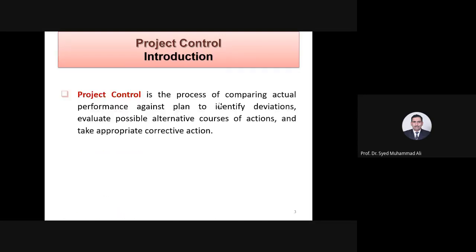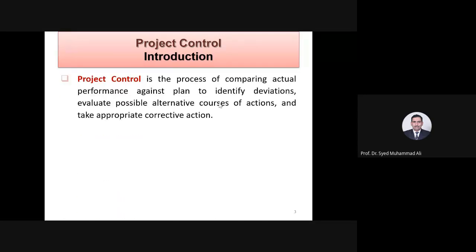Okay. So project control is the process of comparing actual performance against plan to identify deviations, evaluate possible alternative courses of action, and take appropriate corrective actions. Again, I will stress, please don't try to cram, please don't try to remember just these 4 lines or the next coming paragraph.